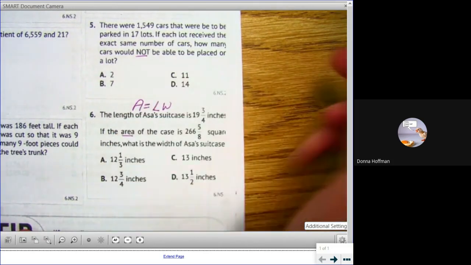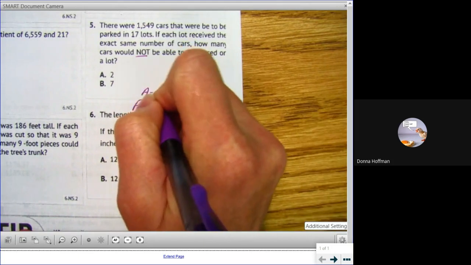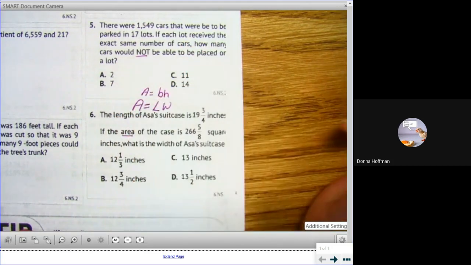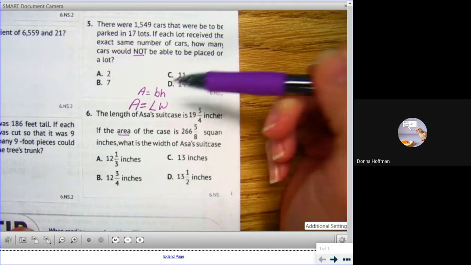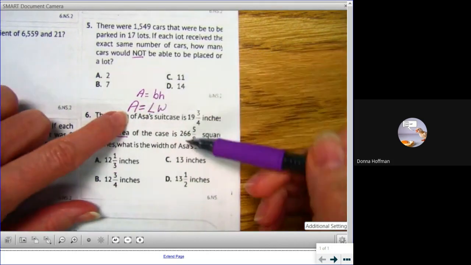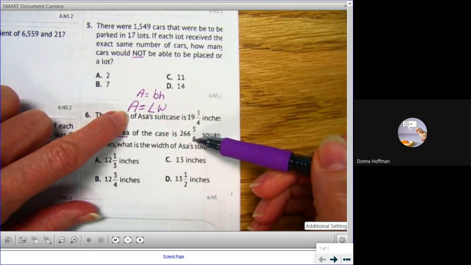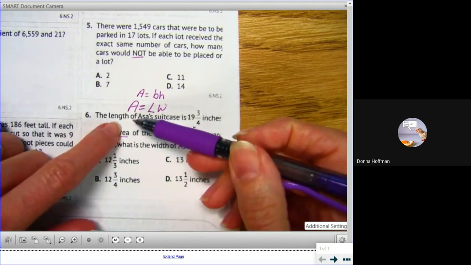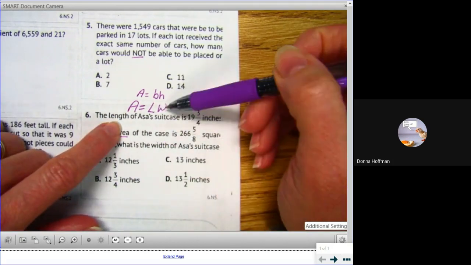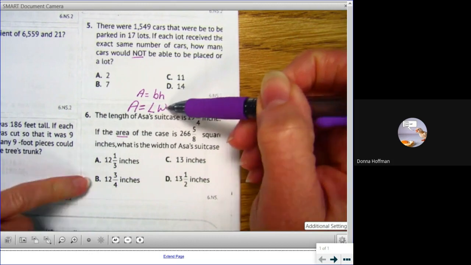It's the same thing. Sometimes area can be written both ways. So I have the area, that's 266 5/8, and it's telling me that the length is 19 3/4. So actually what I'm looking for is the W.